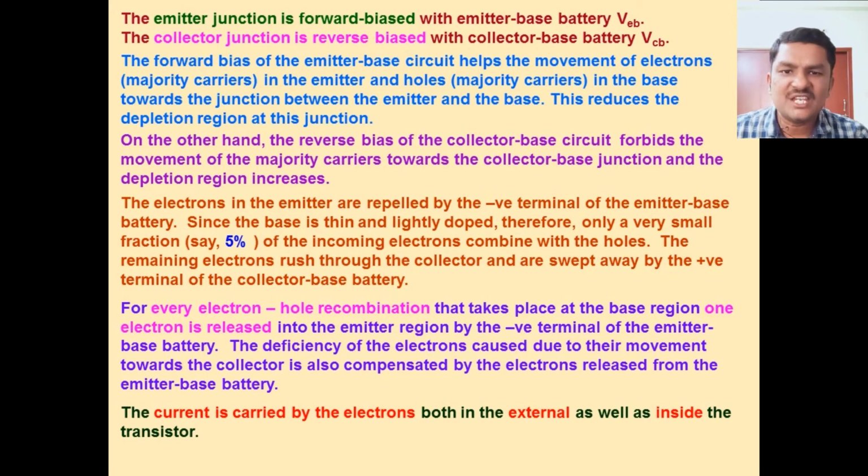The deficiency of electrons caused by their movement towards the collector is also compensated by the electrons released from the emitter-base battery. Previously we discussed that electrons rush through the collector region, so a deficiency of electrons may take place, but because of the negative terminal of the emitter-base battery, electrons are moved from base to emitter.